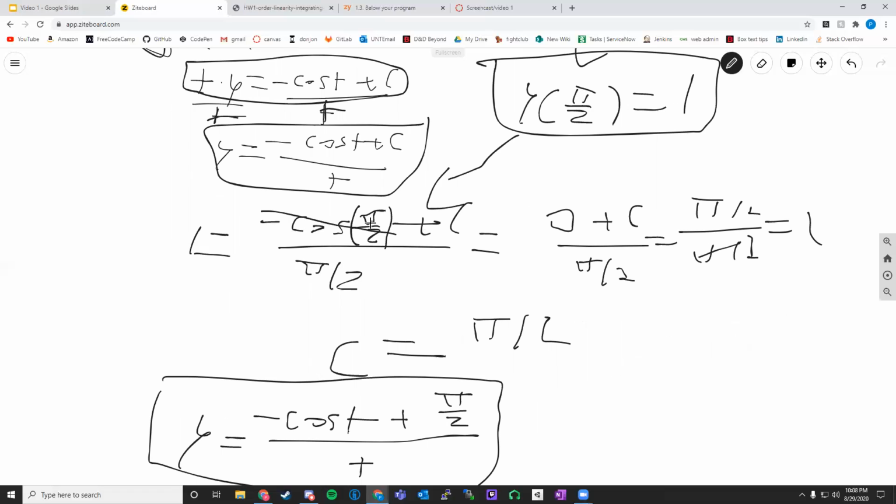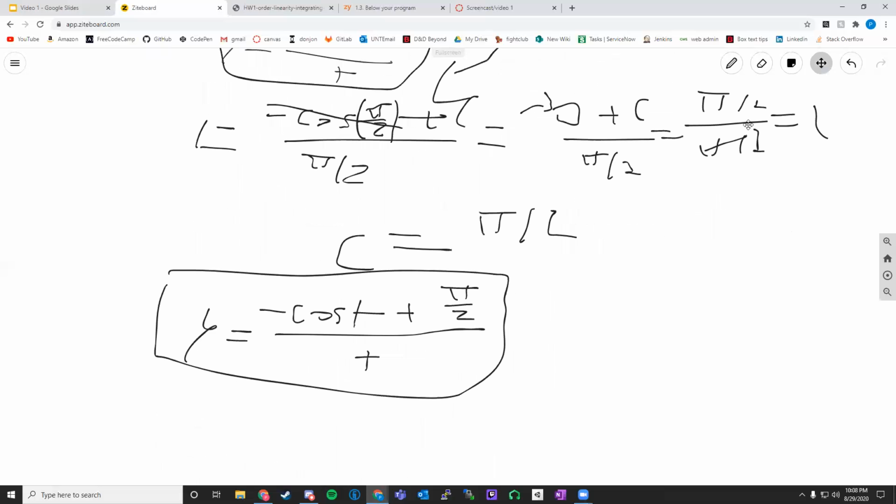We know cosine of pi divided by 2 is just 0, so that goes to 0 here. And we have 0 plus c divided by pi divided by 2. We need this to equal 1, so c has to be equal to pi divided by 2. Then we plug that back into our general form, and this is our specific solution.